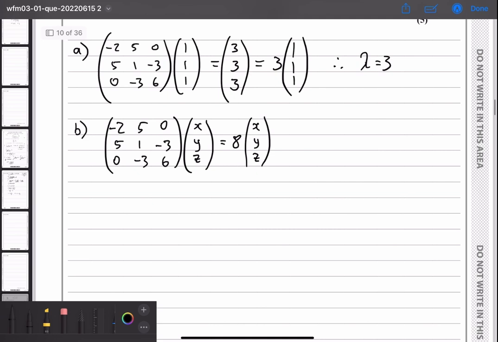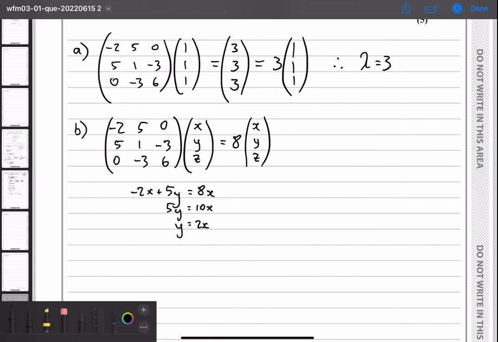And then we can just apply this and equate the i, j and k components. So we have minus 2x plus 5y must equal 8x. That tells me that 5y equals 10x, or y is equal to 2x. So there's a relationship between y and x.